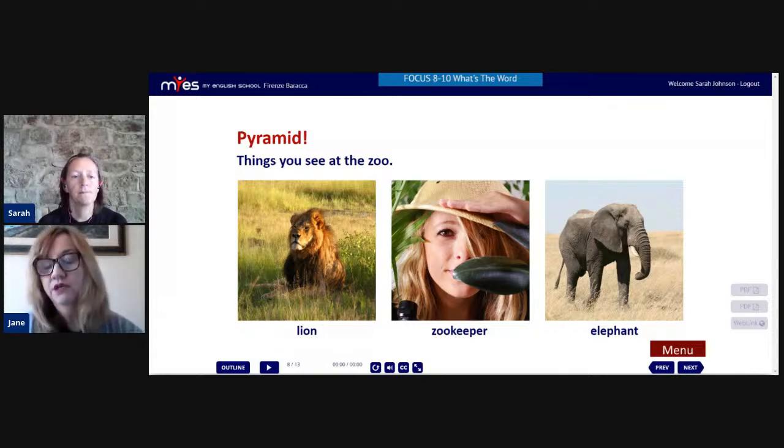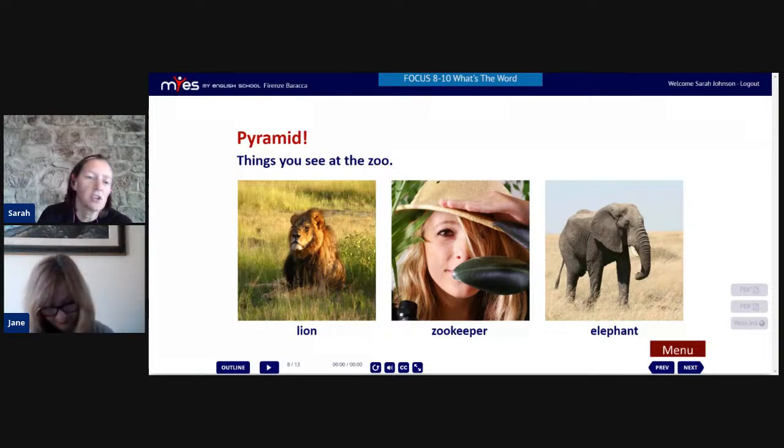Okay. I'm going to sit back and you are going to describe and I'm going to try to guess. Okay. So the first picture that I can see, it's an animal. It doesn't live in your house. Well, I hope it might live in your house, but no, it shouldn't. It's a big animal, and it lives in places like Africa.